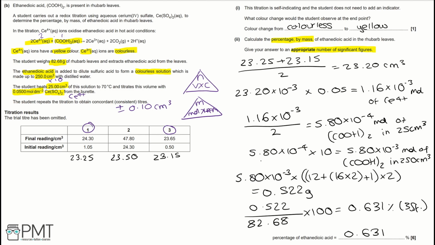And then you get a mark for working out the moles in 250 cm³, or 5.80 times 10 to the negative 3 moles. You then get a mark for working out the mass of ethanedioic acid and the percentage by mass of ethanedioic acid, so 0.631, and giving your answer to 3 significant figures. That gets you your final 6th mark.